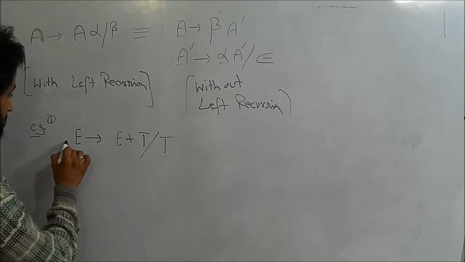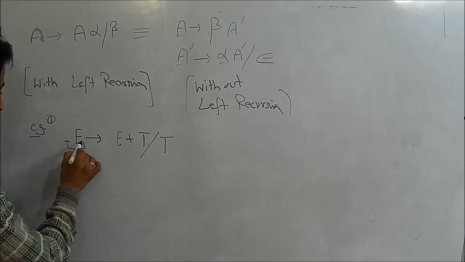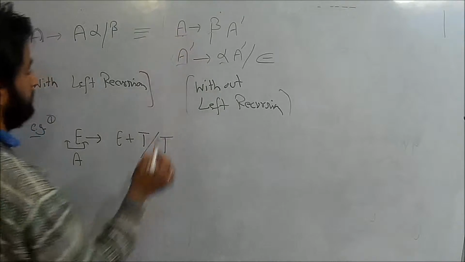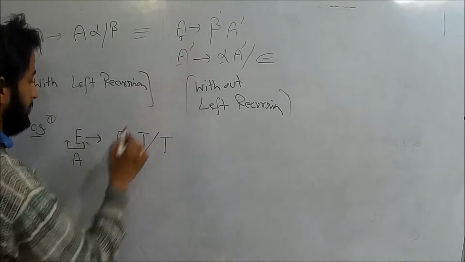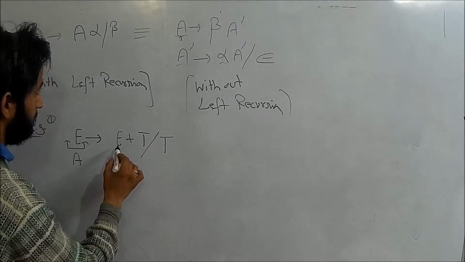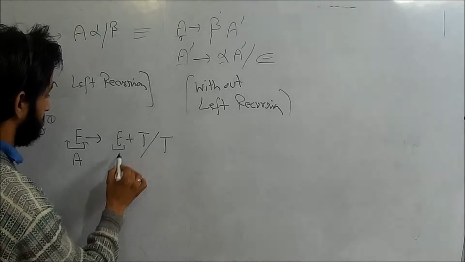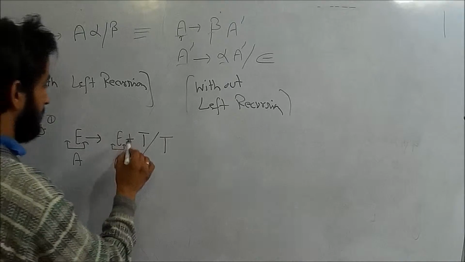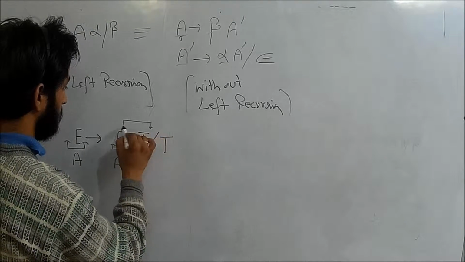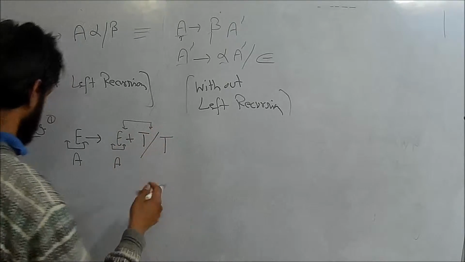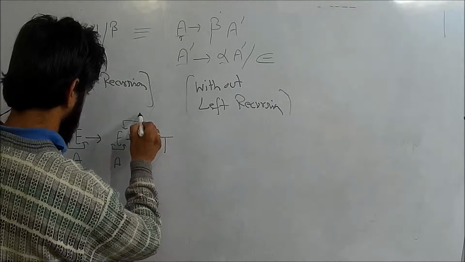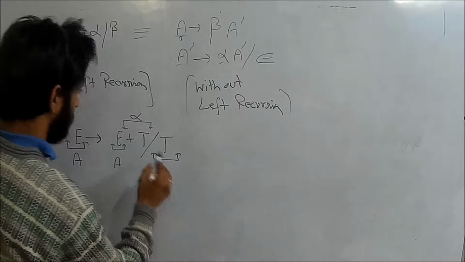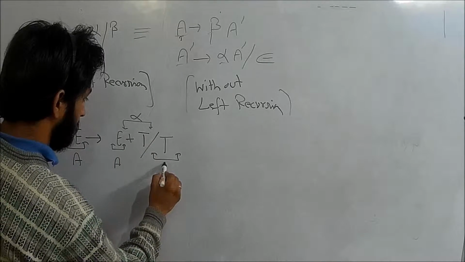So take this one as A, and this one is also A, and take this whole as alpha, and this one we take as beta.